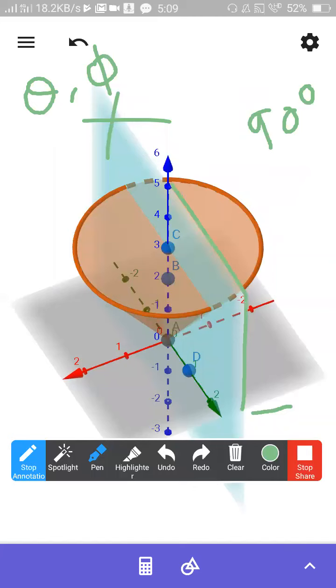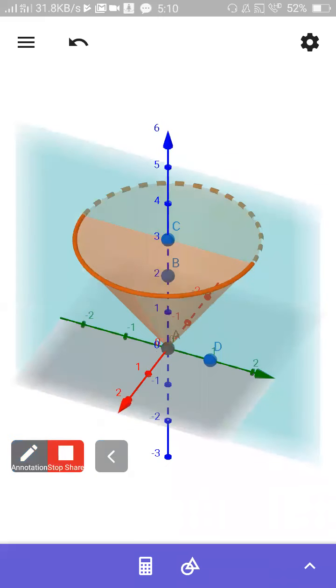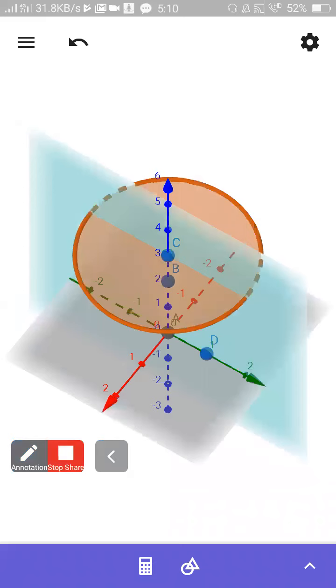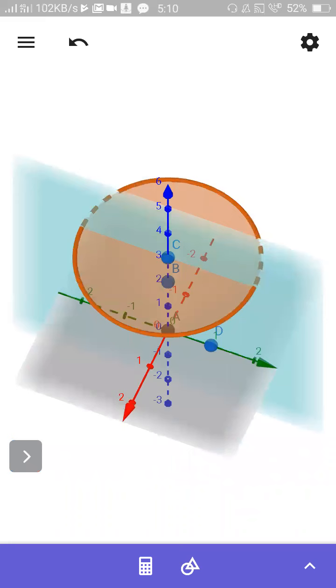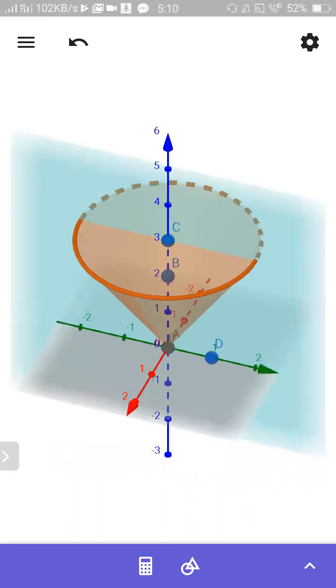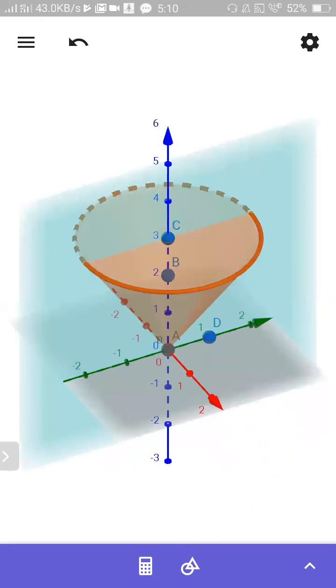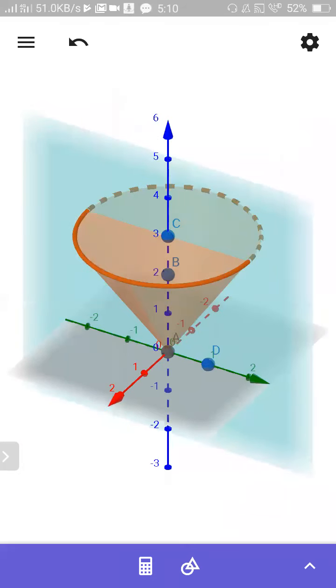Now, somebody please tell me, I will rotate this diagram a little bit, then it will be clear. Something like this. Now your plane is intersecting the cone. What is the answer you are getting, sir?